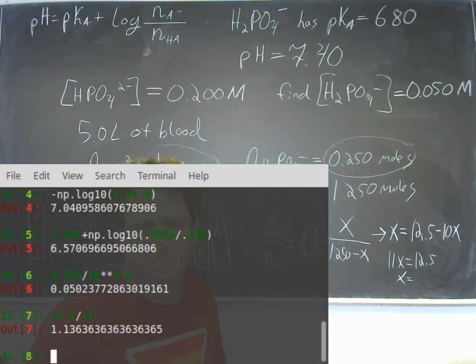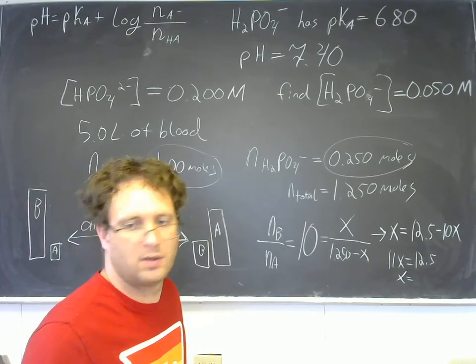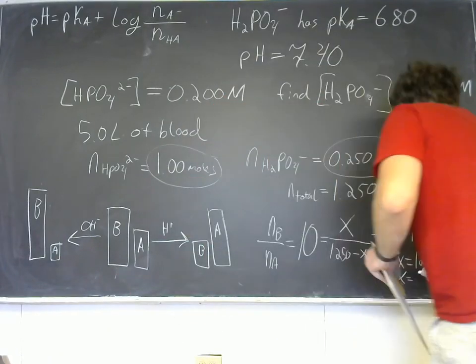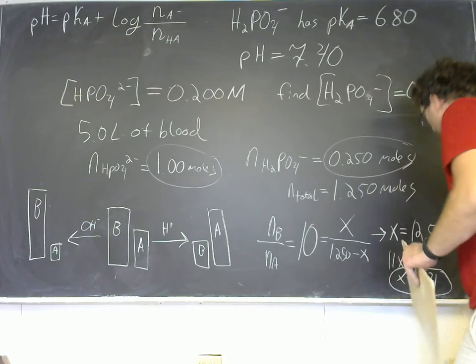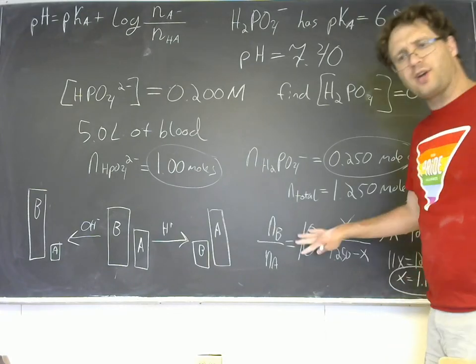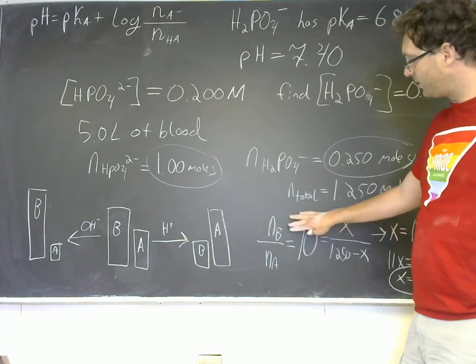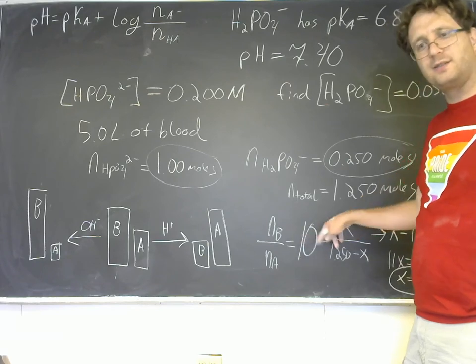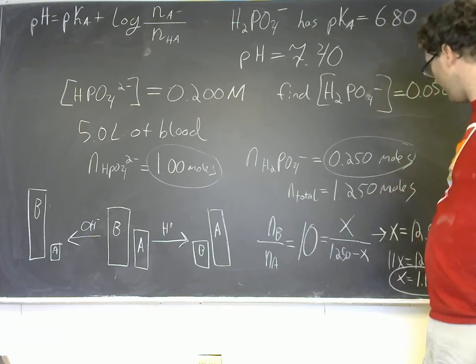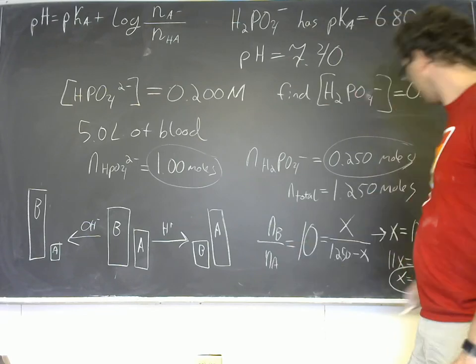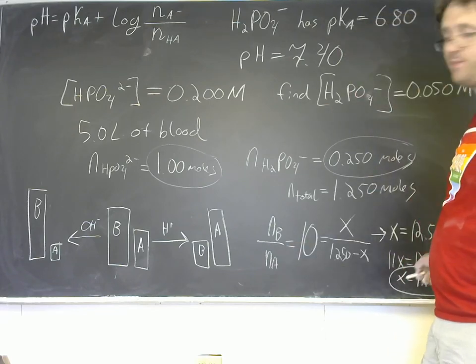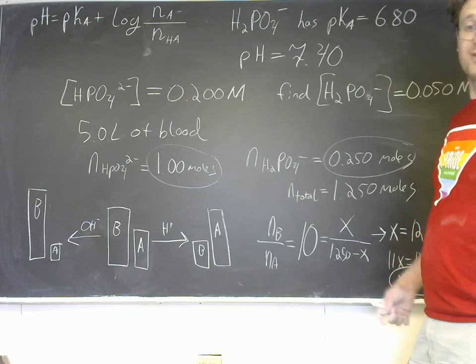And that's 1.14. And if we wanted to go the other way, find it when NB over NA is 0.1, then we could just say that that would be when the amount of acid is 1.14 instead of the amount of base.